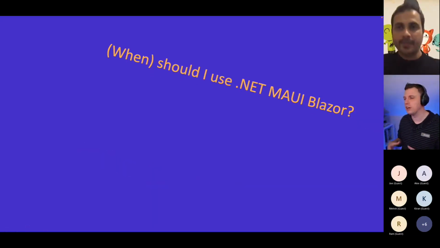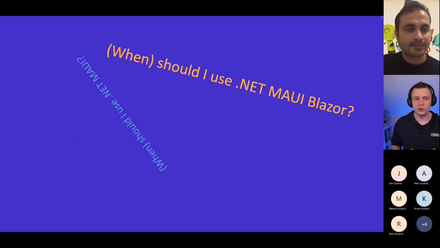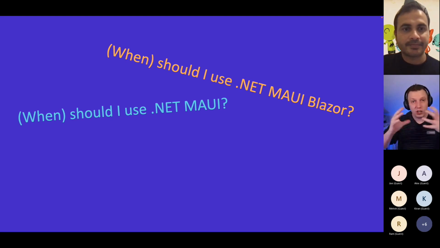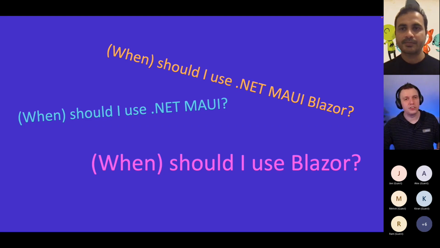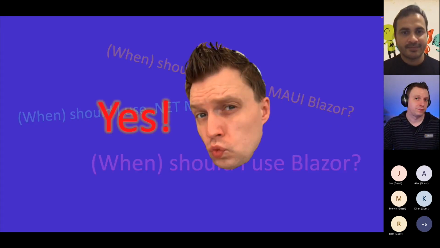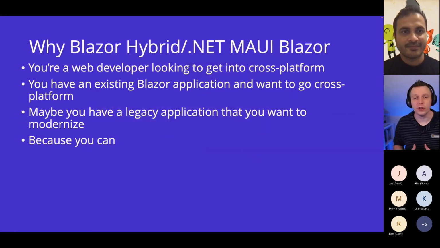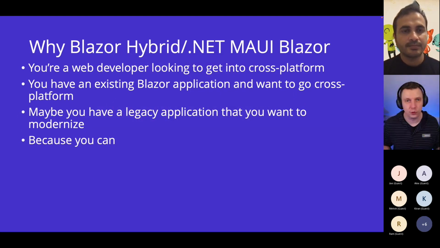I get a lot of questions like, when should I use .NET MAUI Blazor at all, or when should I use .NET MAUI? There's all these scenarios right now. Which is the best one to use, or should I just use regular Blazor? And there is one simple answer to basically all of this, and that is yes. You should use them all. It's dependent on what you want to do, right? It's dependent on the requirements for your projects. It's dependent on what you like to work with. Maybe you're a web developer looking into getting into a cross-platform app and having an actual app in the store.